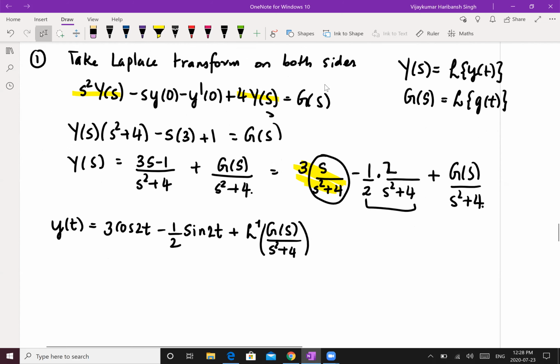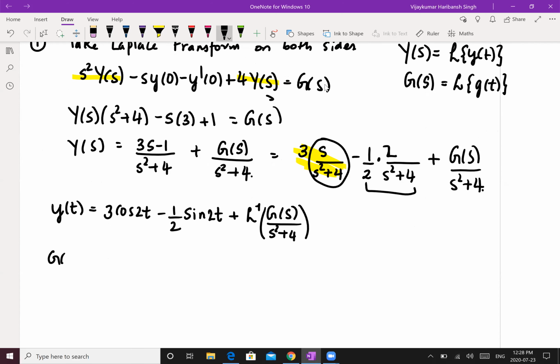Now notice that this can be seen as a multiplication of the Laplace transforms of two functions. So let me rewrite that again. So y of t equals 3 cos 2t minus half sine 2t.